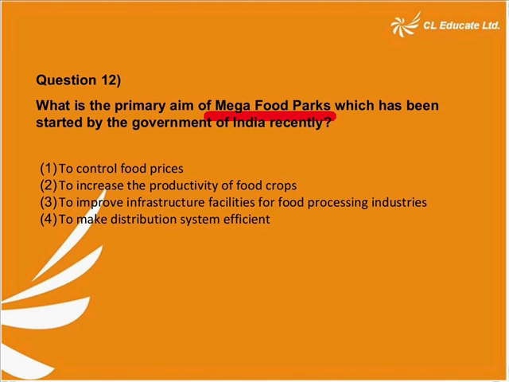So infrastructure facilities will be improved, and from there, of course, it can be stored for a long run, which will certainly help in improving the distribution system. It doesn't improve the productivity of the crops, but eventually it will help in getting more food for the people. That is what we can say. Because a lot of wastage will be less.